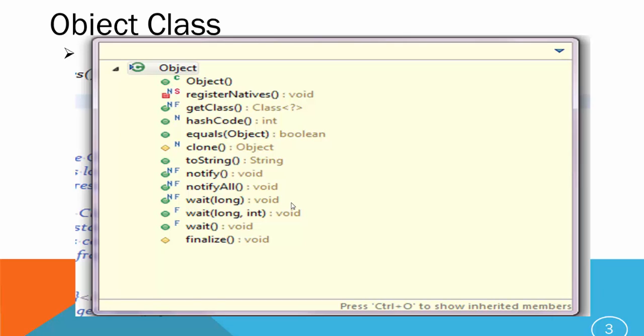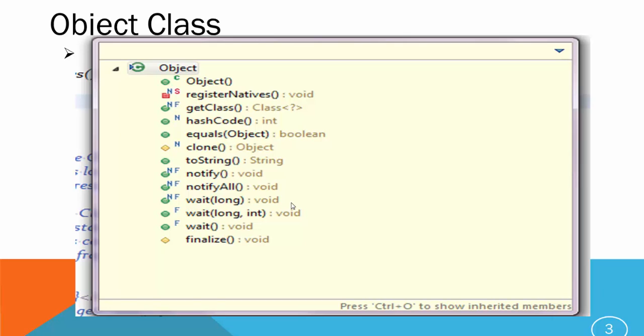Then we have registerNatives, where basically you are trying to access native methods which are written in some other language. Suppose you have some other language, say C.